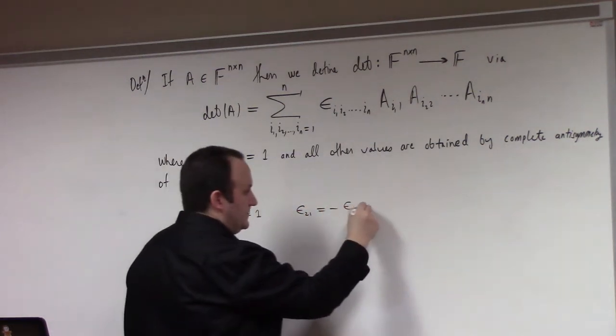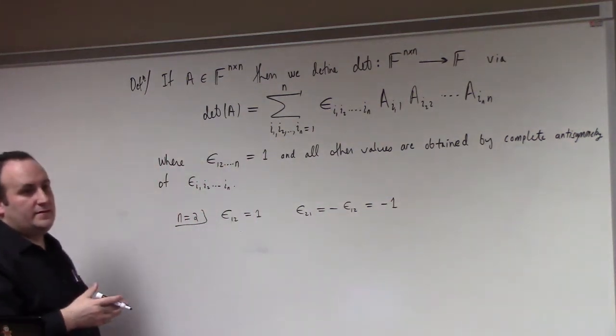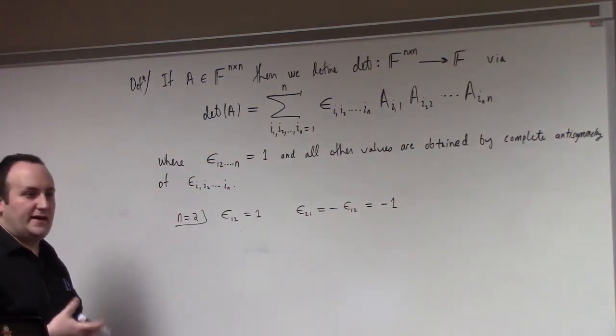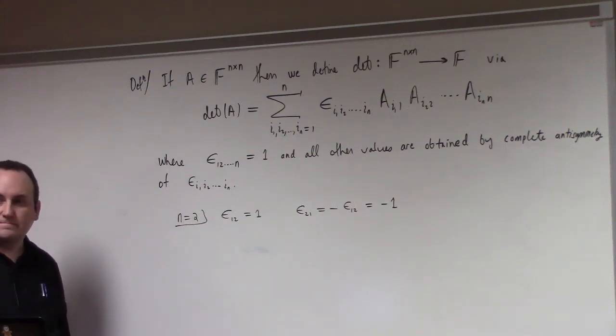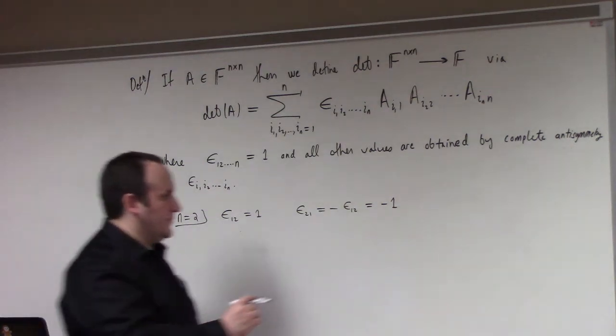But that's equal to minus 1, right? What did we learn about the diagonal of an anti-symmetric matrix? Remember? It's 0, right? So if we have anti-symmetry in a pair of indices, it forces those components to be 0. So by definition, epsilon 1, 1 and epsilon 2, 2 are both 0.